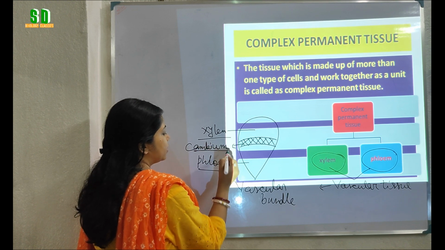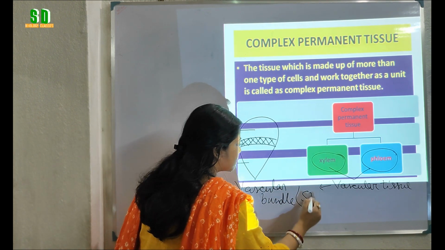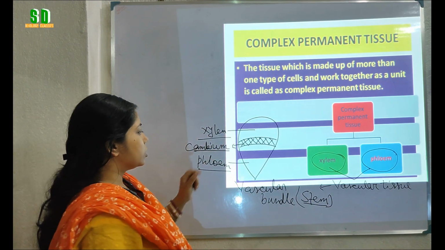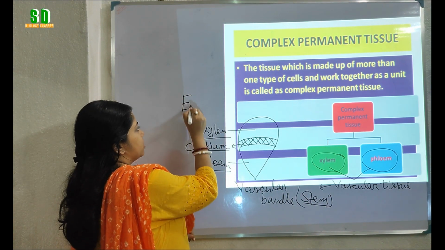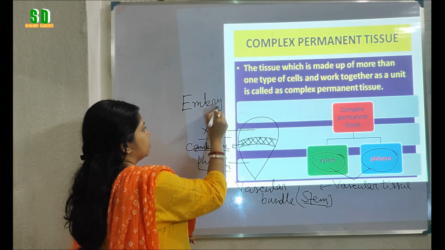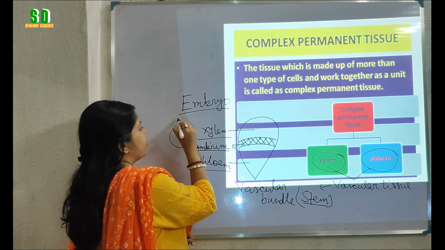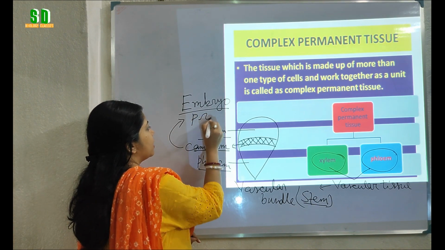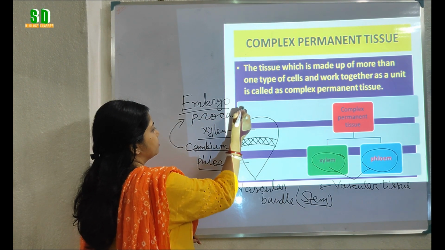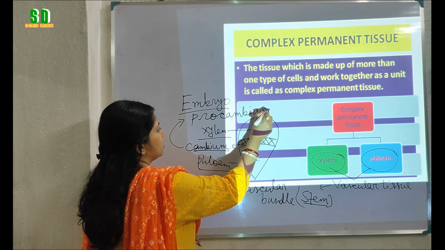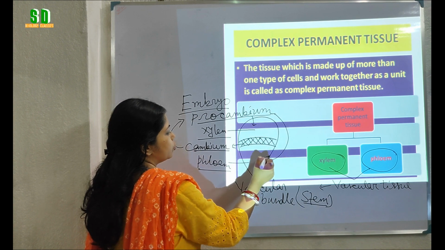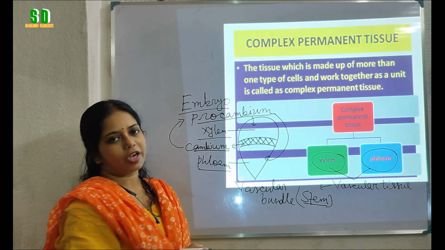Usually it is present in the vascular bundle of the stem. Now, in the embryo stage, the cambium tissue that is present is called procambium. The xylem and the phloem tissues are formed from the procambium.